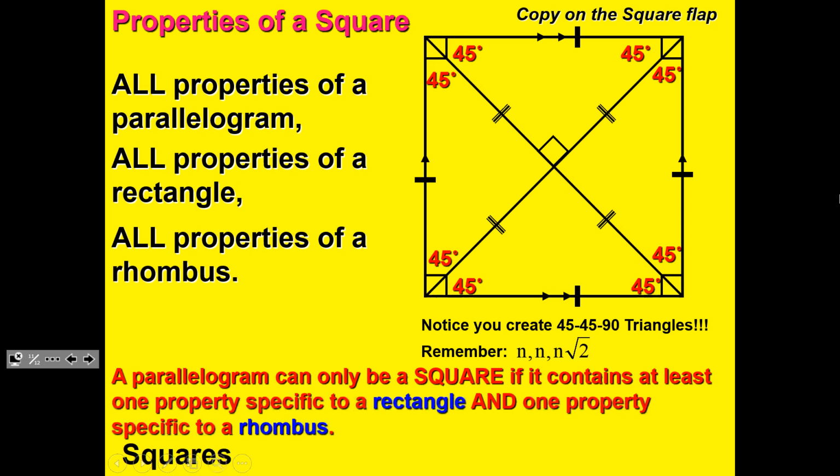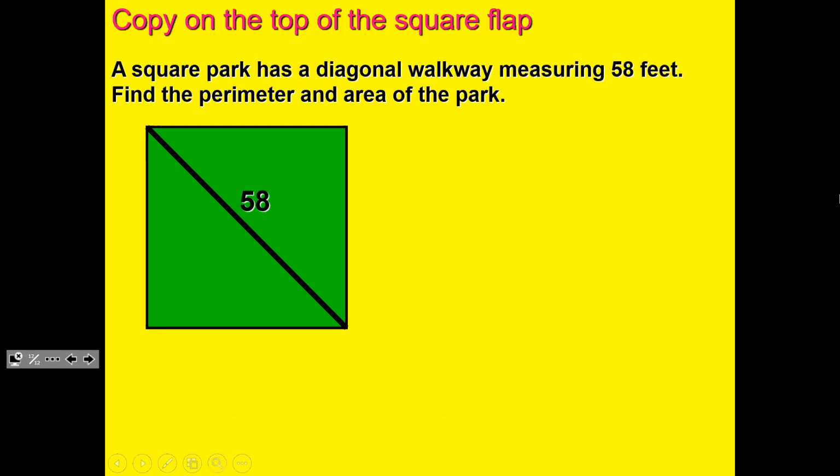Okay, so you again do not have to write the sentence there at the top. Just draw this picture where it says it's got a walkway that goes diagonally across our square part, and it's 58 feet long. Okay, we're going to find the perimeter, meaning we got to find the outside edges.